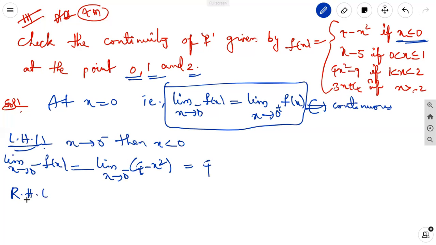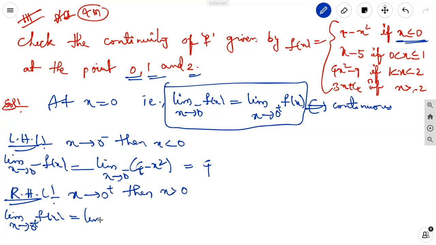Next, right hand limit. At x tends to 0 plus, that is nothing but x is greater than 0. So limit x tends to 0 plus f of x, x greater than 0, so the value is x minus 5. Now substitute x equal to 0, 0 minus 5 is minus 5.